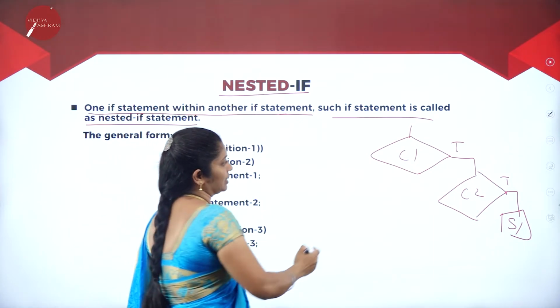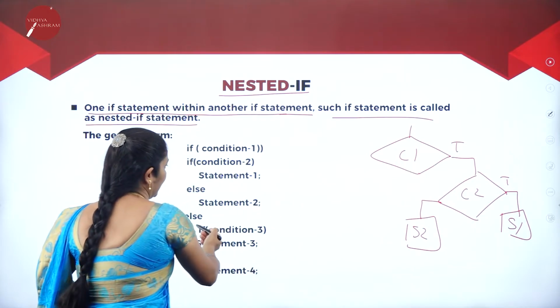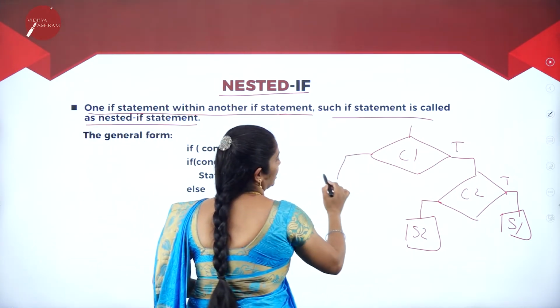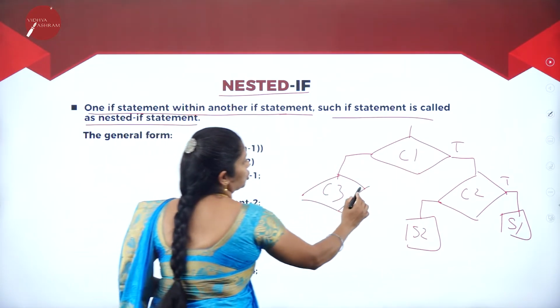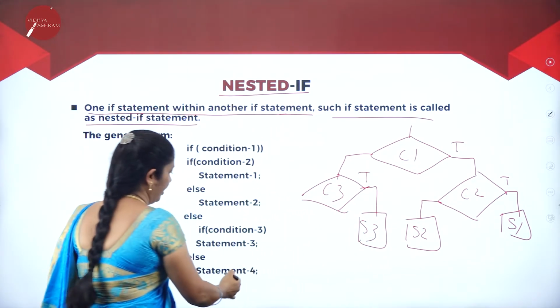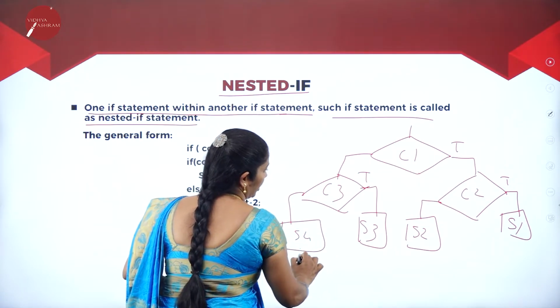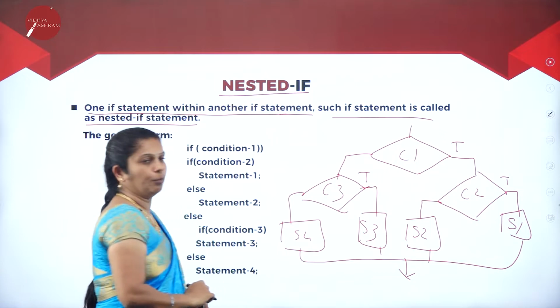Otherwise, the else part, statement 2 will execute. Then else, it checks one more condition, that is condition 3. Here also if it is true, then statement 3 will execute. If it is false, then statement 4 will execute. Finally, everything will come out of the loop here.